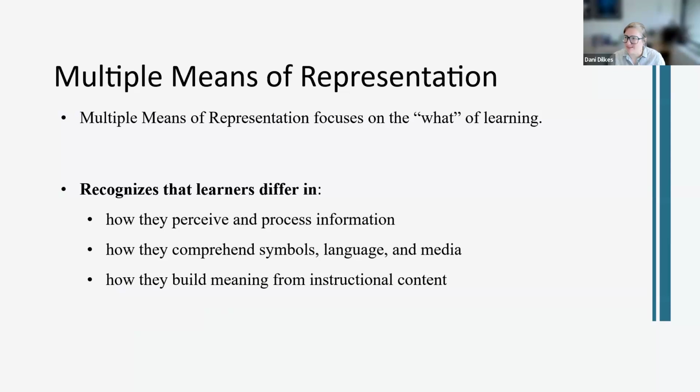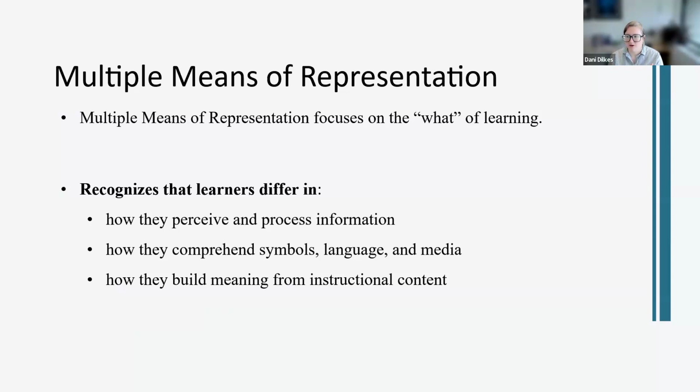And now, as Yasser said, I will talk about multiple means of representation. Multiple means of representation really focuses on the what of learning, so the content and the format of the content that we're using in our classes.